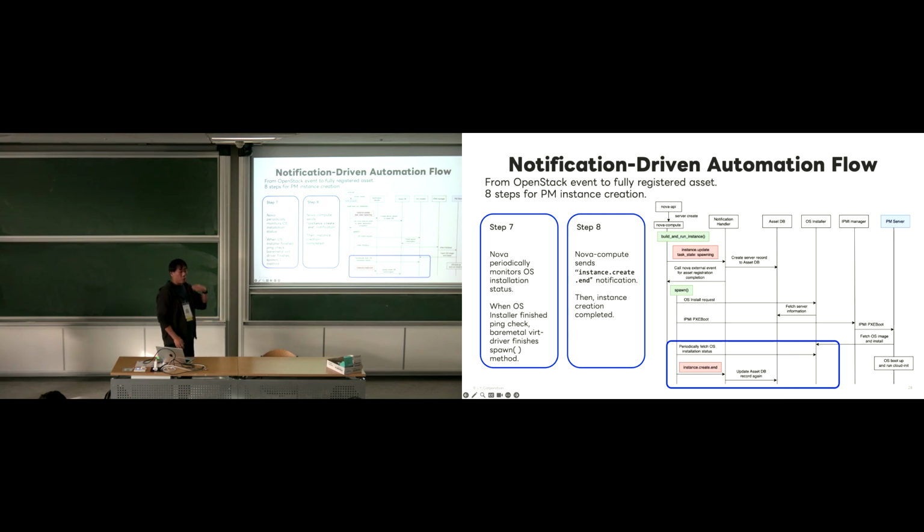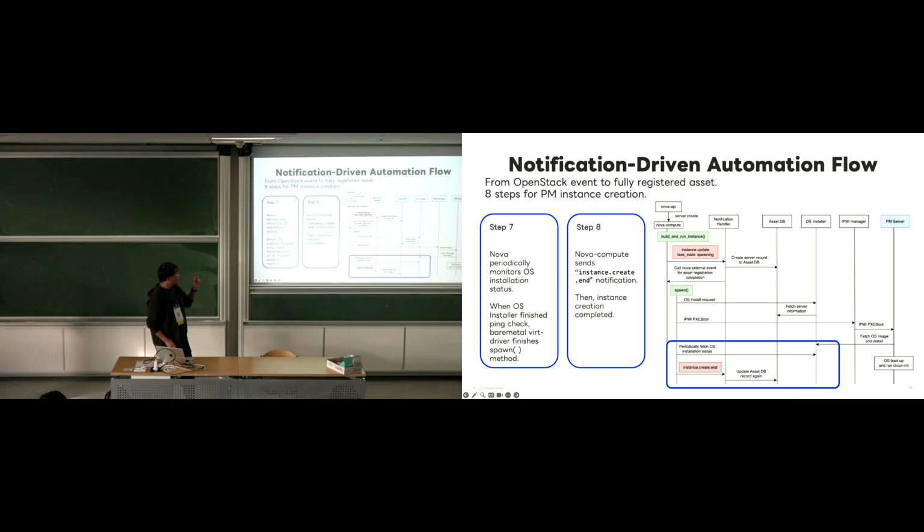And once Nova compute gets the information of the OS installation completed from the OS installer, finally Nova compute sends the instance create end notification. This is the normal Nova compute notification, sent when the OS installation is completed. Now the instance is in active status.